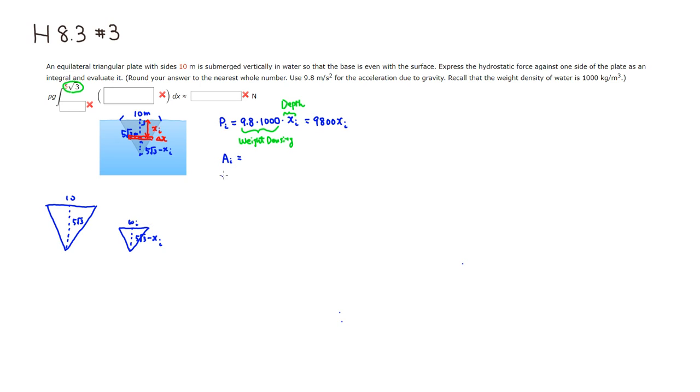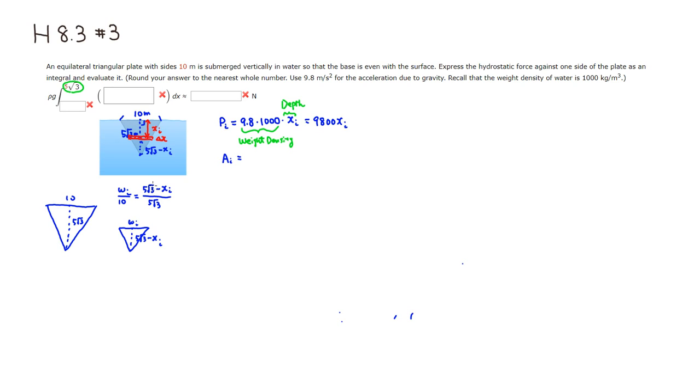Wi to 10 is equal to the height of the little one, 5 square root of 3 minus xi, divided by 5 square root of 3.